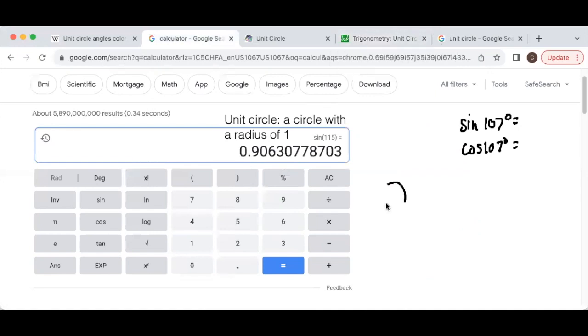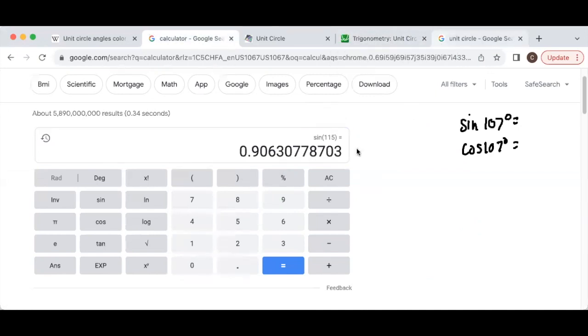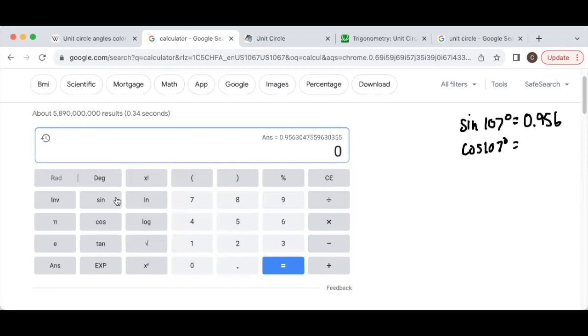I think we can erase this. Okay, so let's do sine of 107 degrees. Sine 107. Okay, that's not a nice number, but let's round it to 0.956. And then let's do the cosine of 107 degrees.